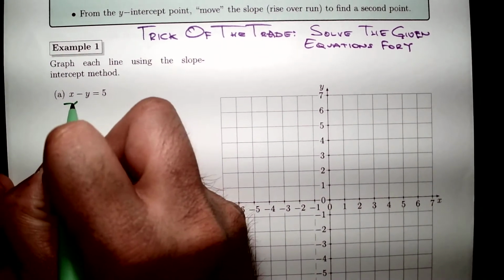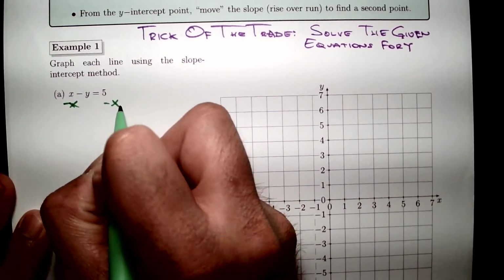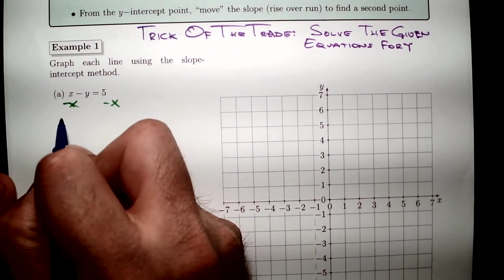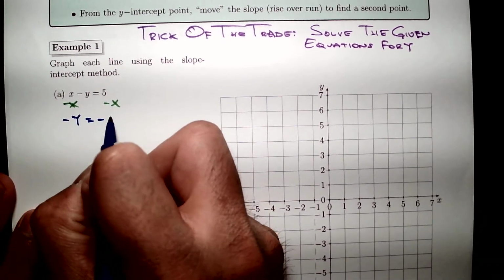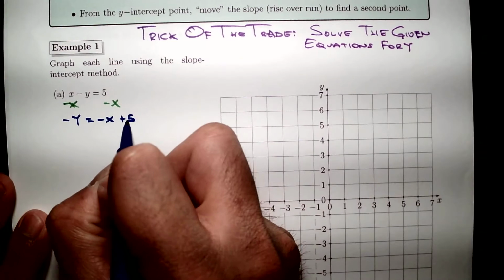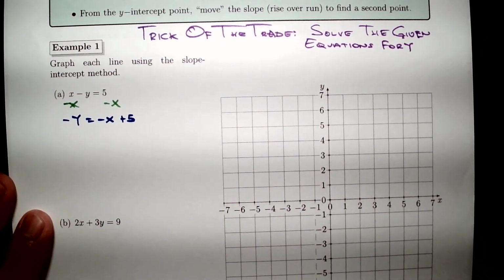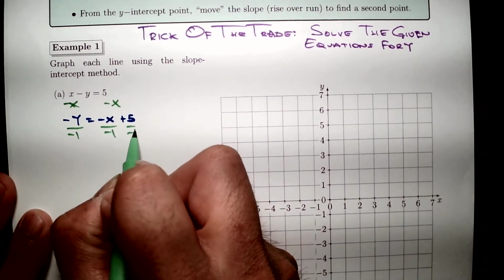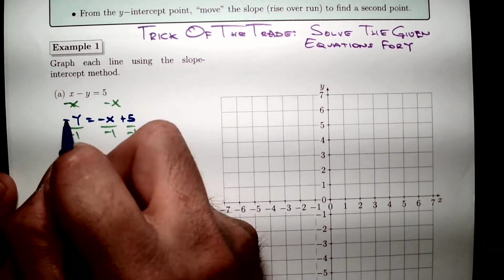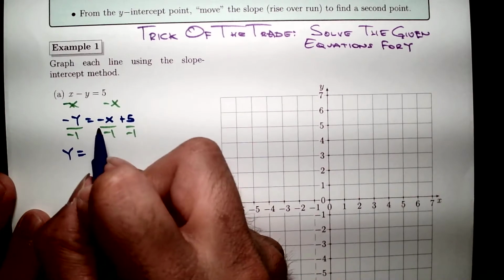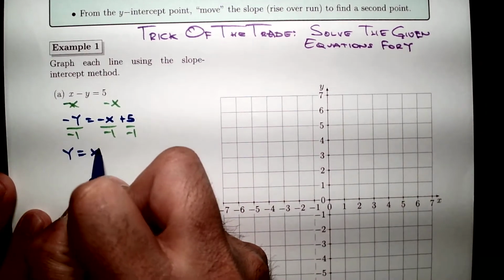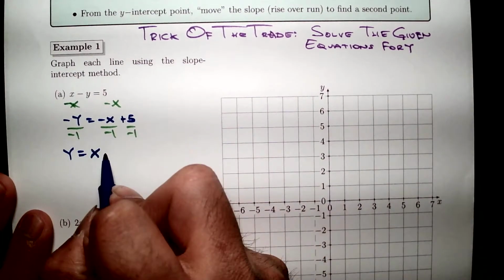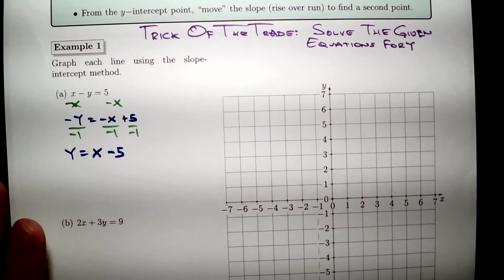I subtract x from both sides of the equation and get negative y equals negative x plus 5. To get y by itself, divide both sides by negative 1. So y equals positive x, and then plus 5 divided by negative 1, which is negative 5.